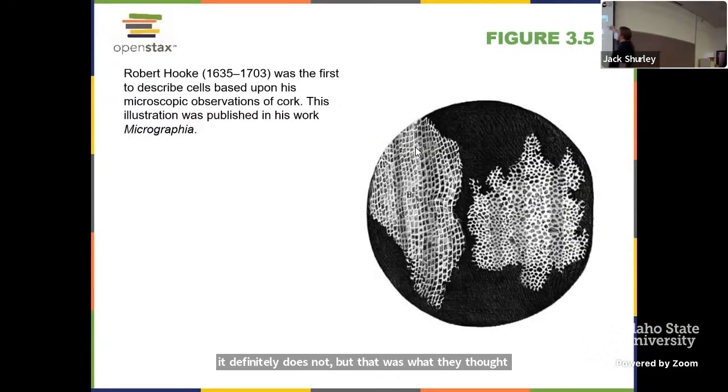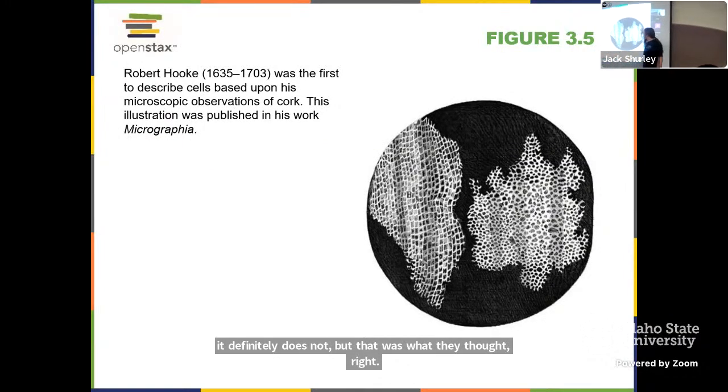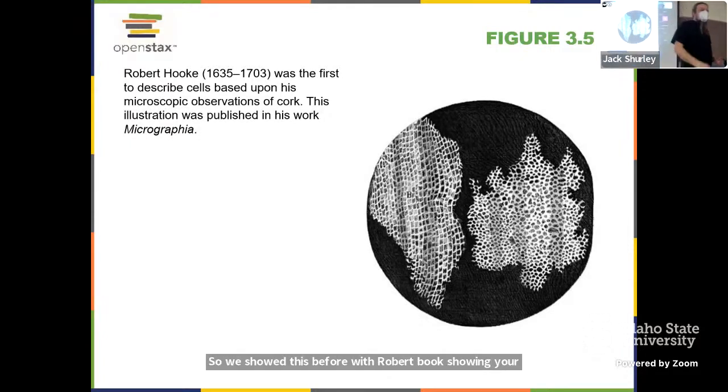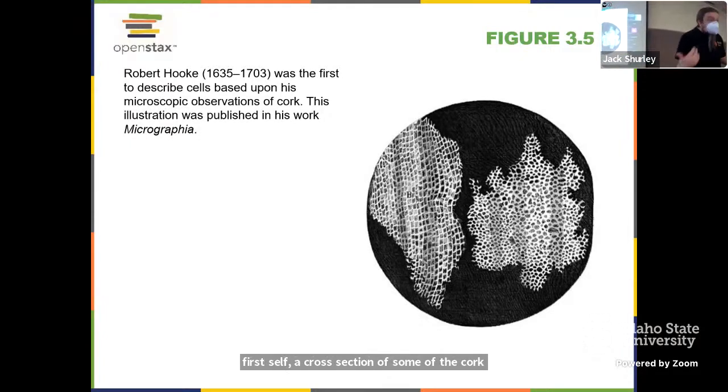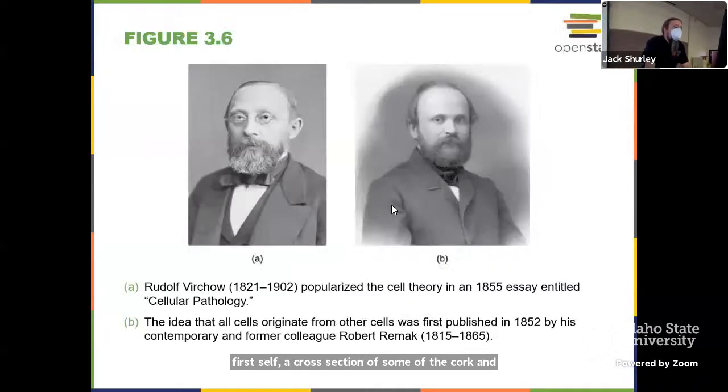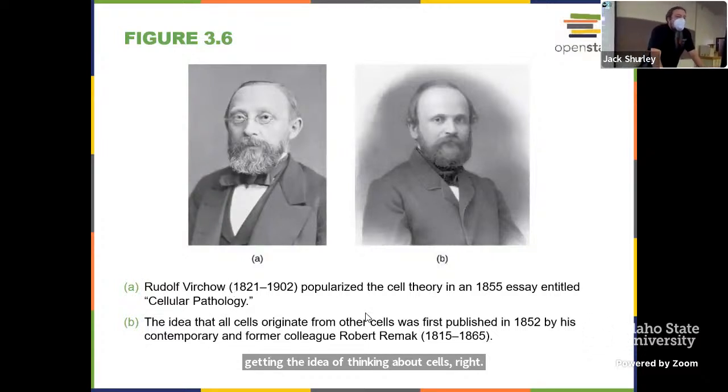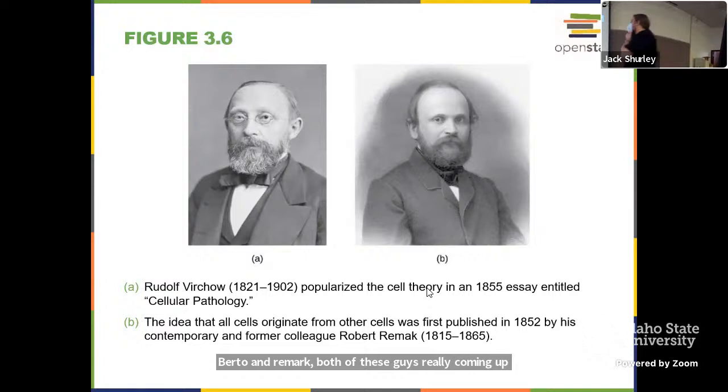So we showed this before with Robert Hooke showing our first cells, a cross section of some of the cork, and getting the idea of thinking about cells, right? Virchow and Remak, both of these guys really coming up with, or not coming up with, but popularizing the idea of the cell theory.